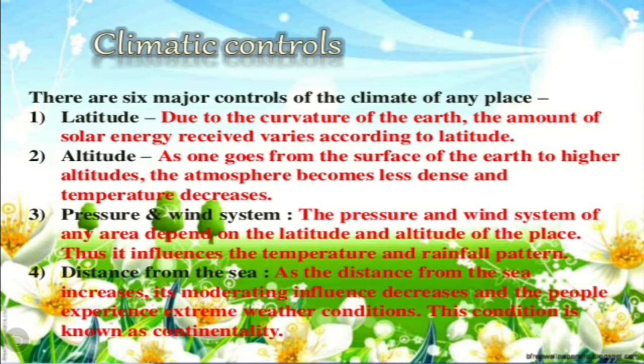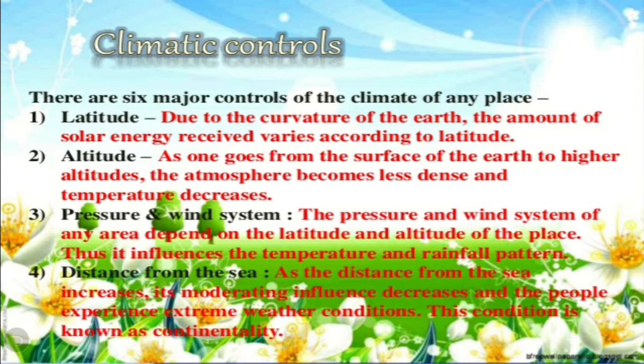Children, as we move on from the equator to the higher latitudes, the temperature keeps on decreasing because at the center, that is at 0 degree equator, the direction of the sun is direct, that is the sun's rays fall directly on the equator. So, the maximum temperature is there at the equator.